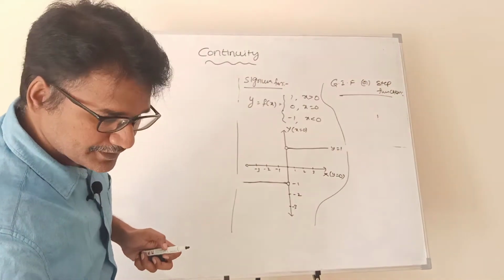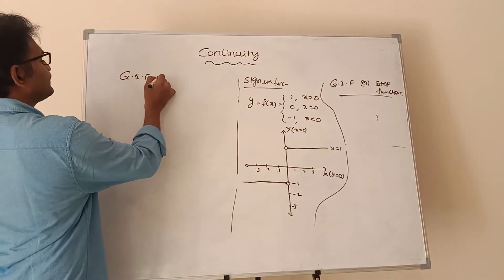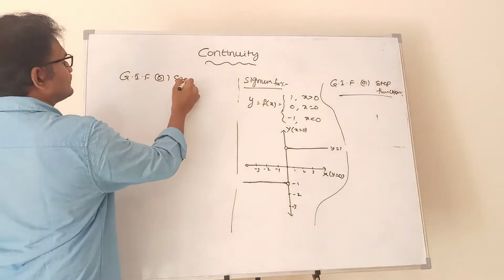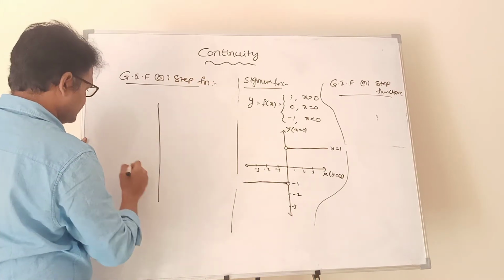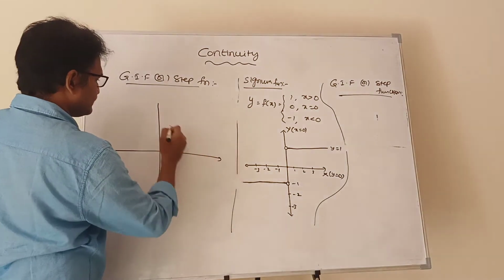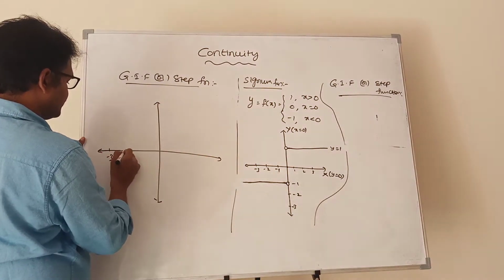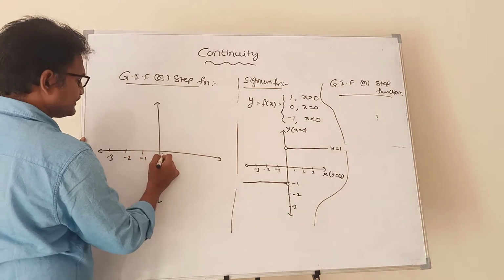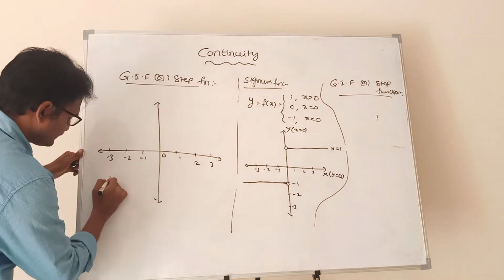Greatest integer function, or step function. -3, -2, -1, 0, 1, 2, 3.